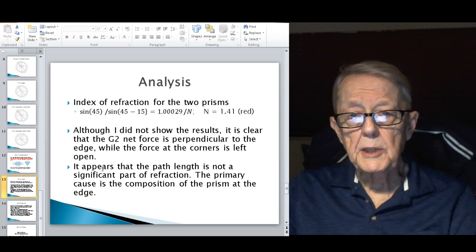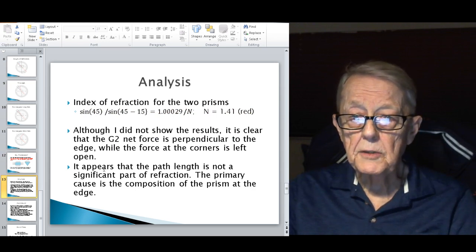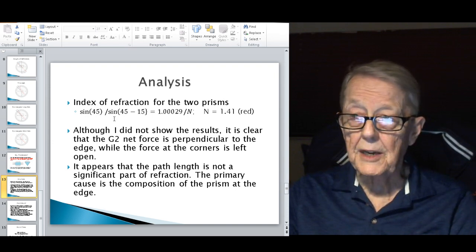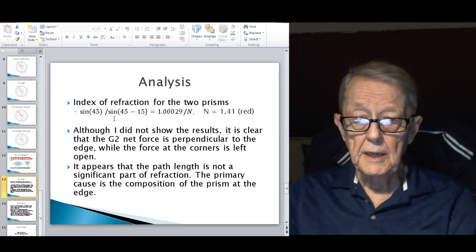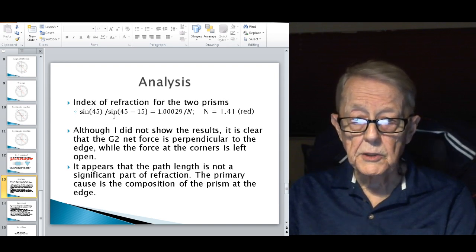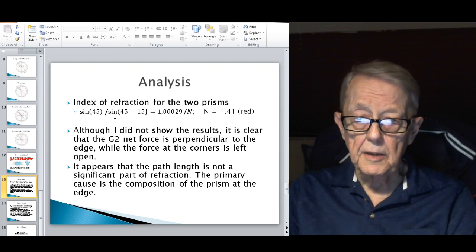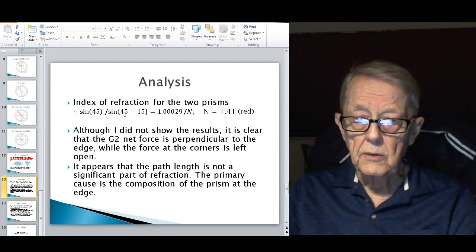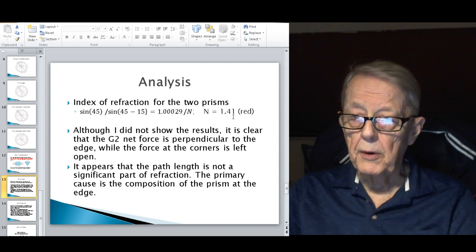So here's a simple analysis. The index of refraction for the two prisms: using Snell's law, because that's how they develop the index of refraction, the sine of the angle of incidence, which is 45, is in proportion to the sine of the angle of deflection, which is 45 minus 15, and that gives me 1.41.